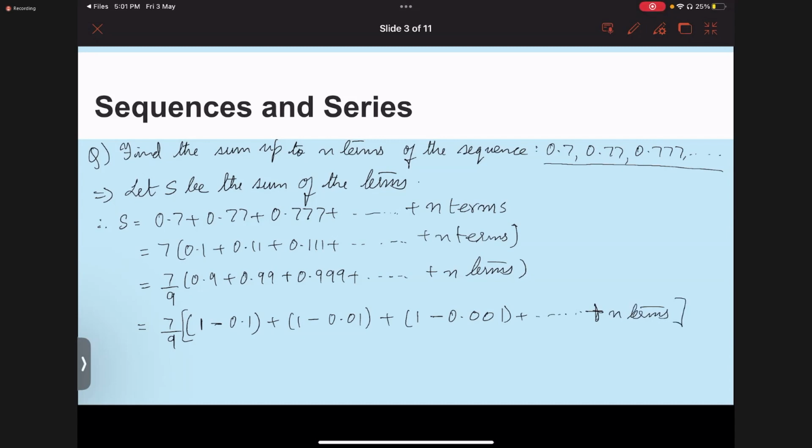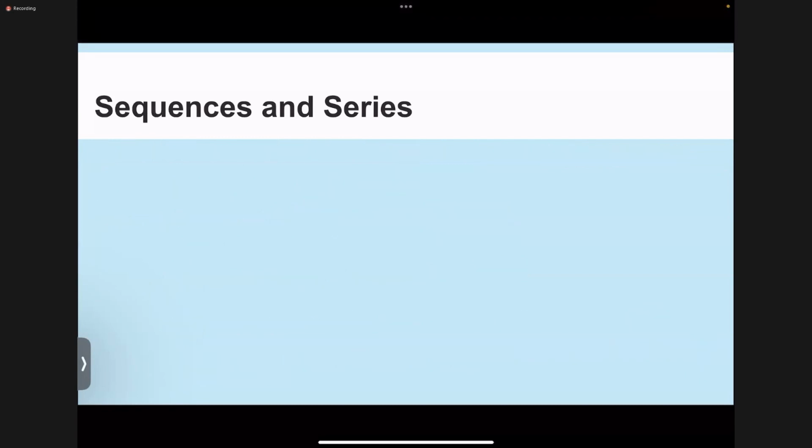Now if you get all the ones to one side, what you get now is 7/9 times 1 plus 1 plus 1 plus all the way up to n terms, minus 0.1 plus 0.01 plus 0.001 plus all the way up to your n term.